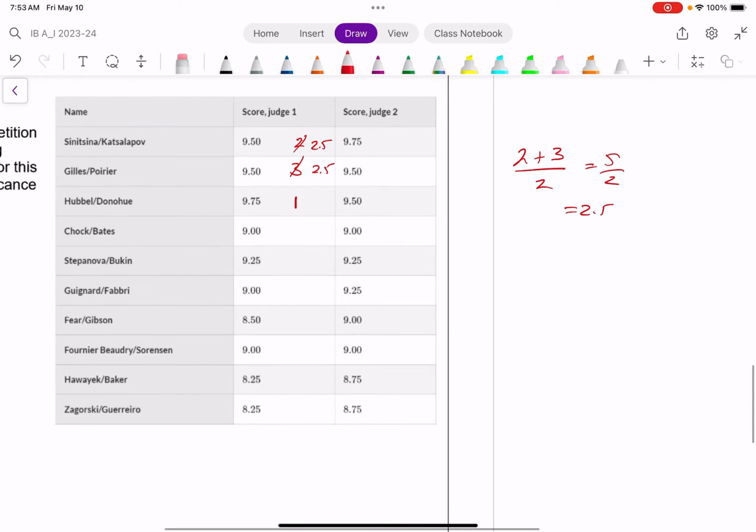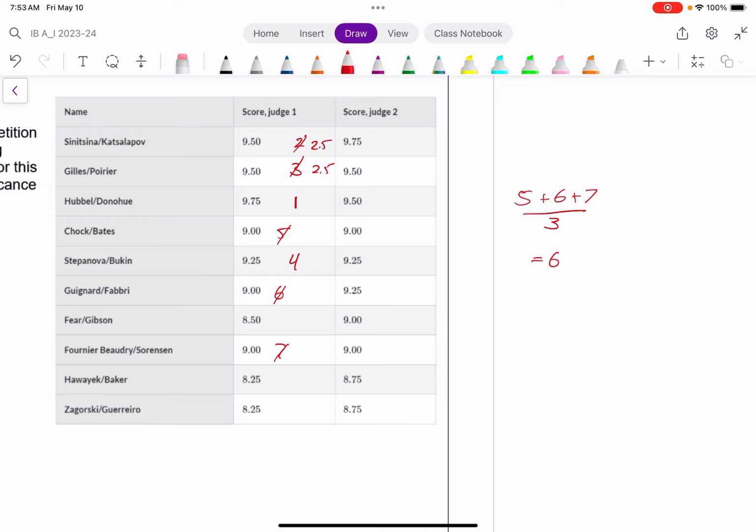And then work my way down. Next, fourth, down here with a score of 9.25, there's only one person. And then I have another tie, a 3-way tie. I'll say a 3-way tie for 5, 6, and 7. But again, that's not actually what I'm going to do. I'm going to cross those out and just go 5 plus 6 plus 7 and divide by 3 this time.